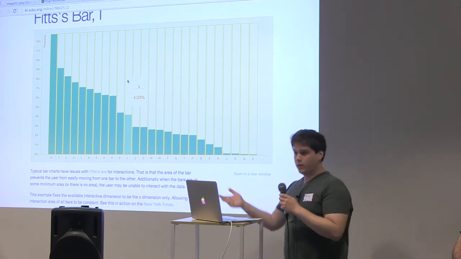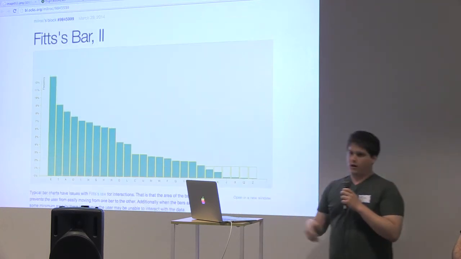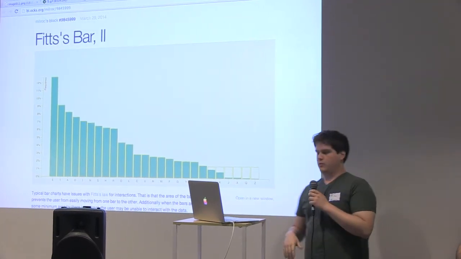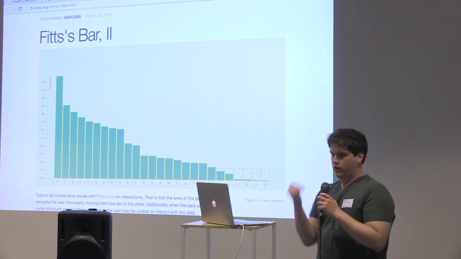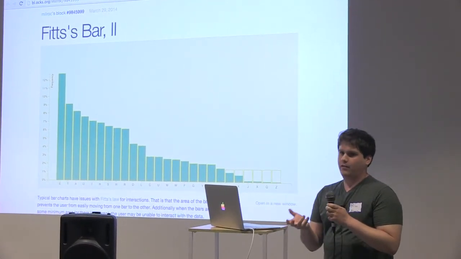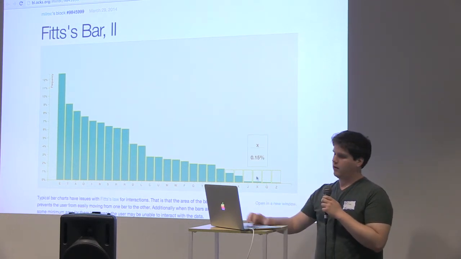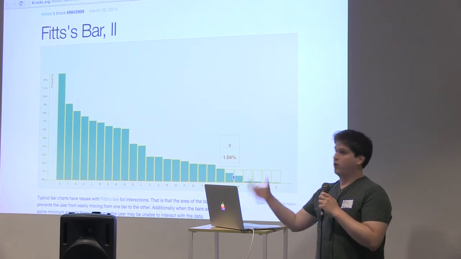But this is not the only approach to mitigate Fitts's law. You can also take a thresholding approach, which is once you get below some certain unit of measurement that you're not okay with letting the user interact with, you basically give that space the available interaction.